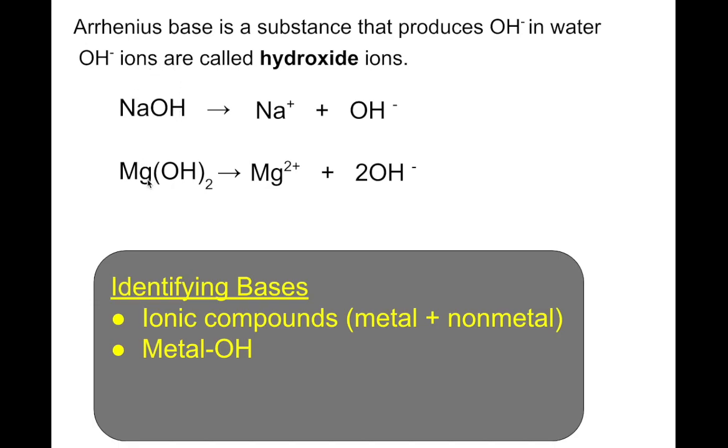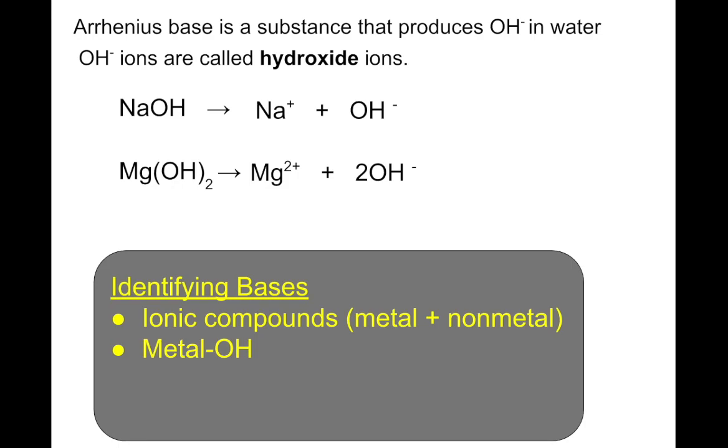Magnesium hydroxide is another example. Now, I hope that when you really think about this, you notice NaOH, Mg(OH), sodium, magnesium, these are metals. Hydroxide, non-metal, hydroxide. So, how do you identify bases just by looking at their chemical formulas?